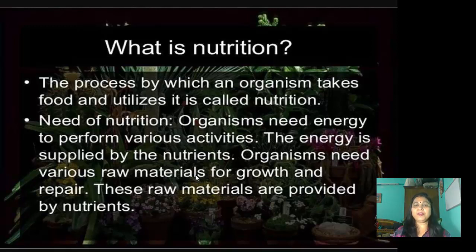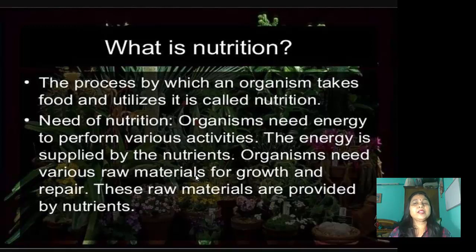Now, what is the need of nutrition? We know organisms need energy to perform various activities. The activities which we perform externally, and there are certain activities which are going on inside our body also. So for performance of these activities, we need energy.